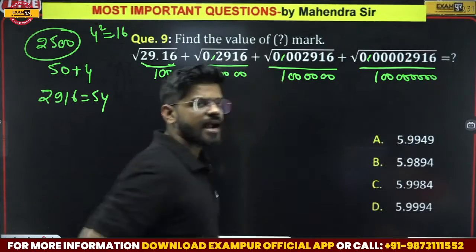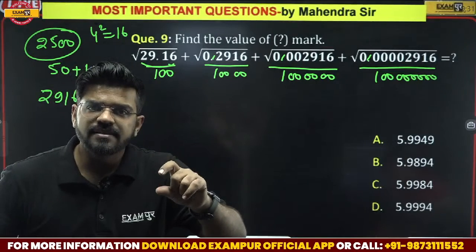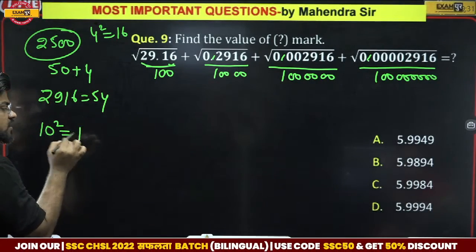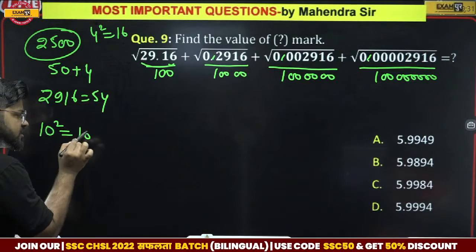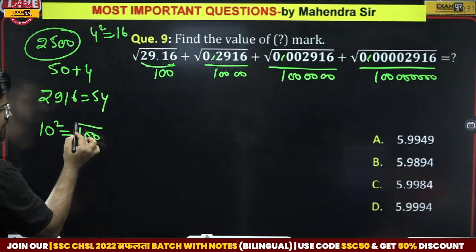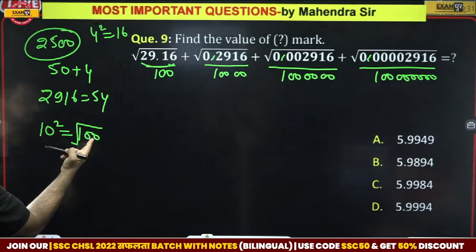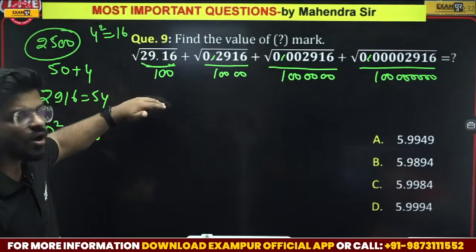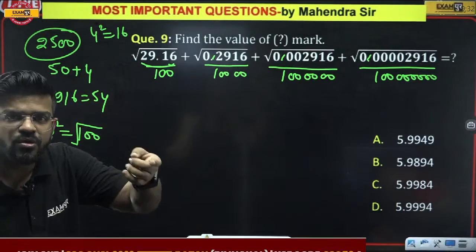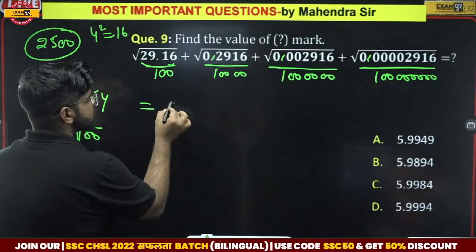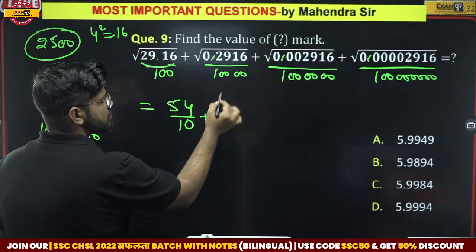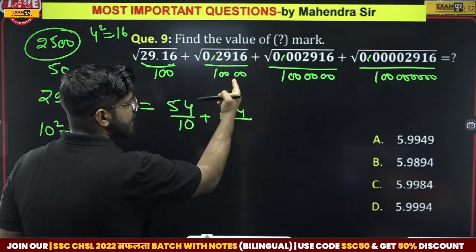You know that the square root of 100 is 10, so we get 1 zero out of 2 zeros. That means for 54 we will get 1 zero, and here for 54 we will get 2 zeros.